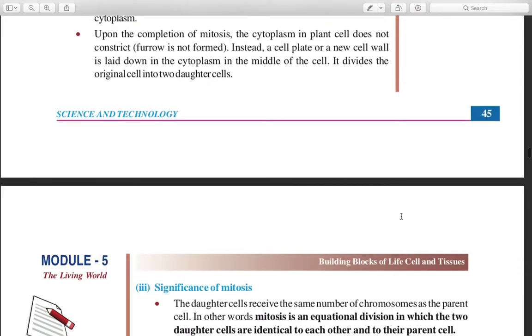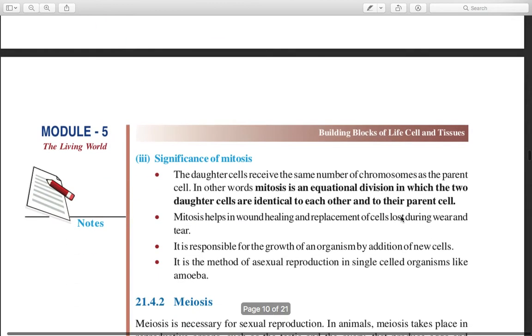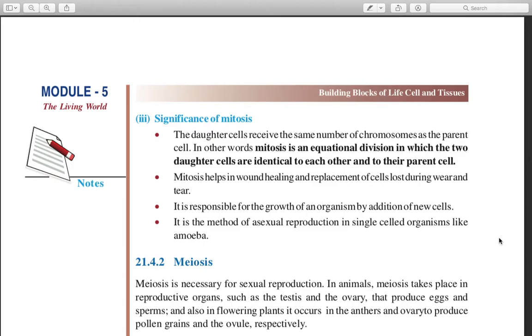Each of them has the same number as the parent cell. So that's what they mention here, that the daughter cells receive the same number of chromosomes as the parent cell. Mitosis is an equational division, that is equal division, in which the two daughter cells are identical to each other and to their parent cell. So the two new daughter cells are identical to each other, and they are identical to their parent cell as well.